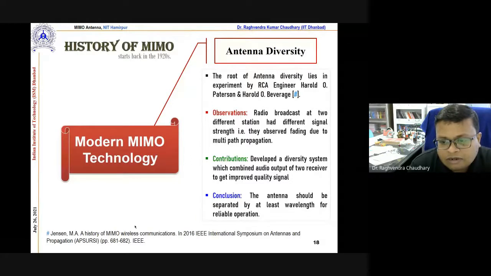They contributed a diversity system which combined the audio output of two receivers to get an improved quality signal. Finally they concluded that the antennas should be separated by at least a wavelength for reliable operation. This was the observation in the 1920s by these two engineers.